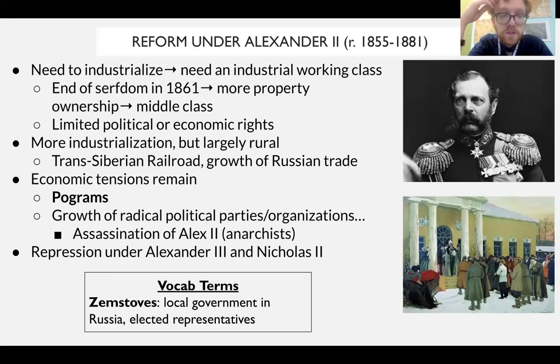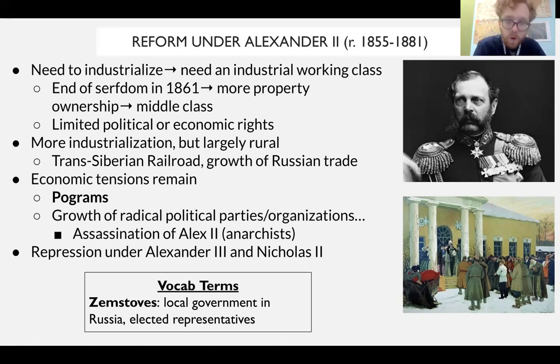Alexander is going to initiate a lot of expansion of property rights. And property rights, of course, are very much hand in hand with what liberal middle-class people want. This is with the intent of encouraging an industrial working class and middle-class involvement in industrial capitalism.